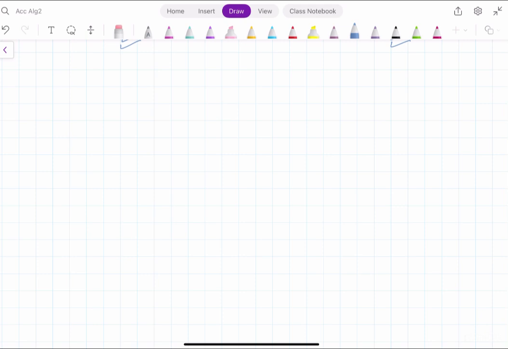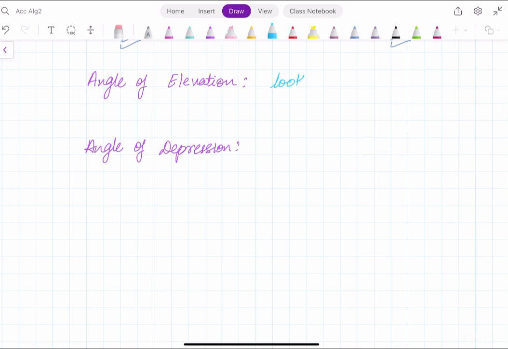Now let's understand angle of elevation and angle of depression. So elevation is nothing but when your mood is elevated, your chin is always up, right? You are in a happy mood. When you are not in that happy mood, that means when you are depressed, you tend to look down.